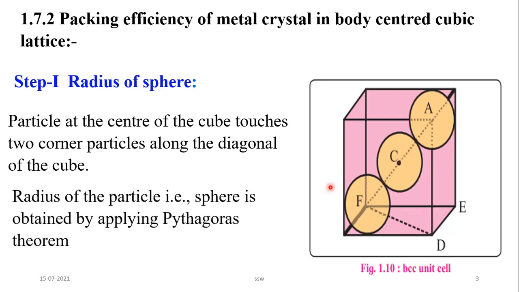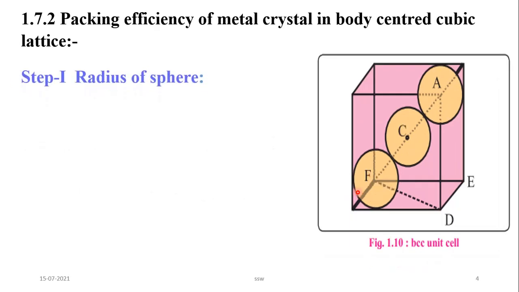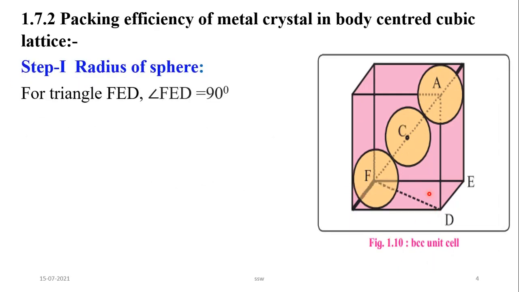So the radius of the sphere or the particle is obtained by the Pythagoras theorem. How, we will see here. For the triangle FED, the angle FED is this angle, and this angle is 90 degrees.